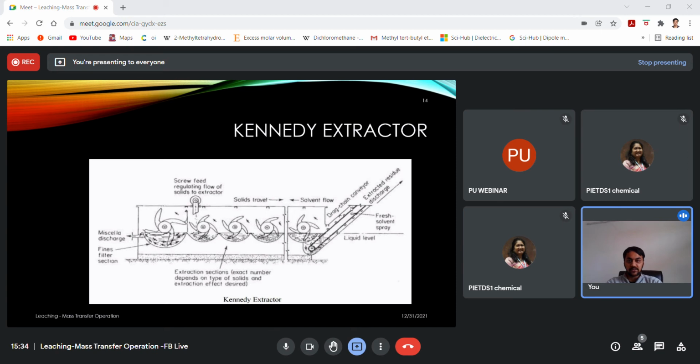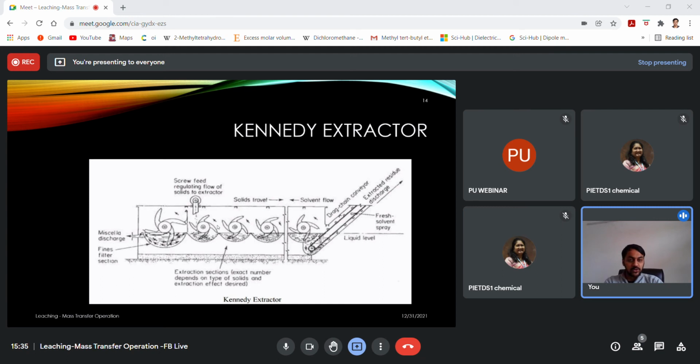So what happens in the Kennedy extractor? The solid travels from the first fins to the second fins. This type of solid flowing is performed in the Kennedy extractor.